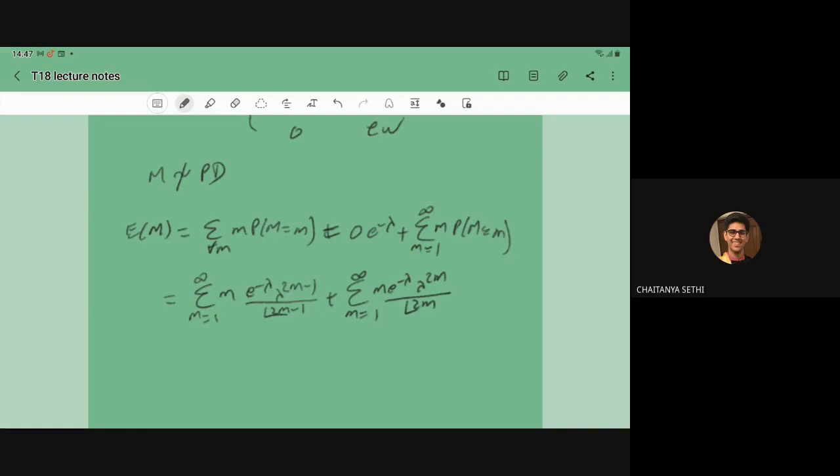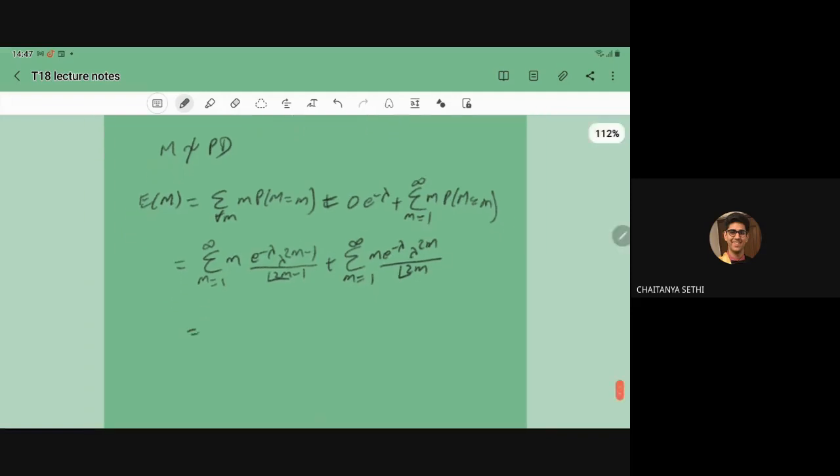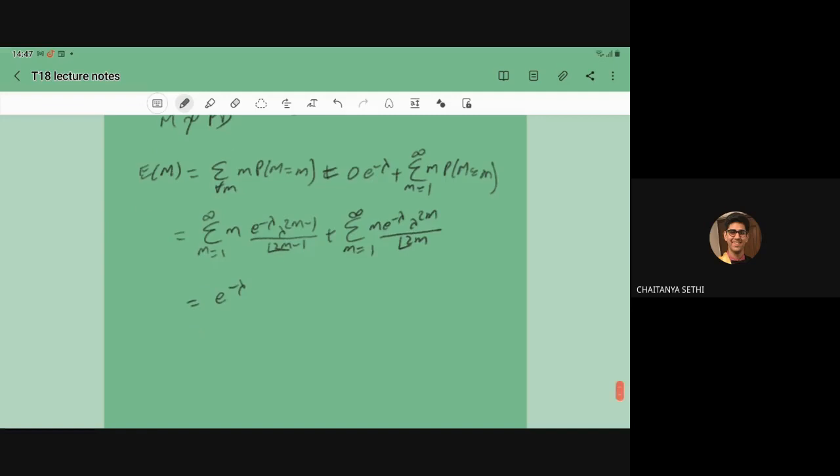How can we solve this summation? If you take e to the power minus lambda common, any idea how to solve?